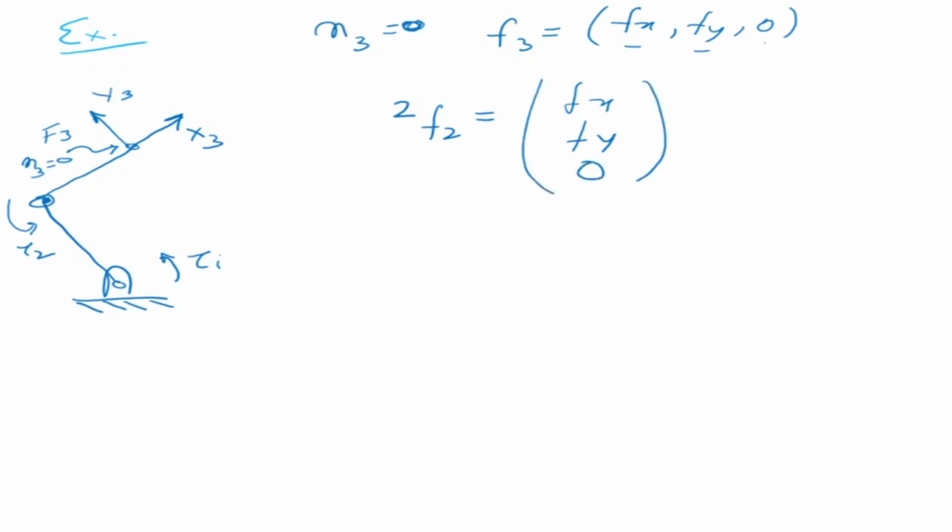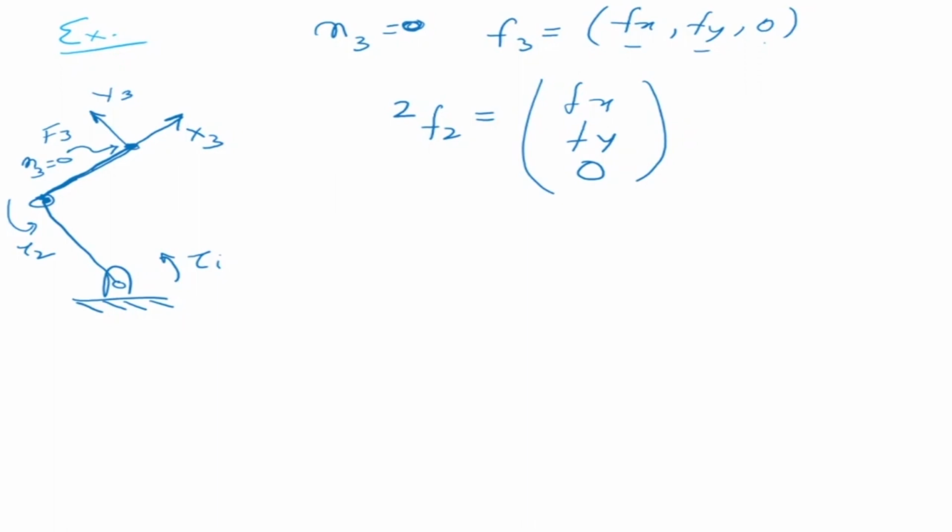Why? Because whatever force is acting here, this is a solid rigid link, right? So whatever force is acting at the origin of frame 3 will also be the same as that of frame 2, because it's a rigid link and it's in equilibrium, so they have to be equal. And there is no rotation matrix between them, right?